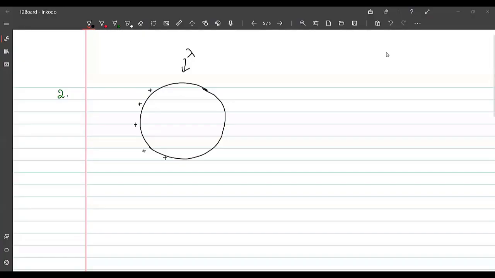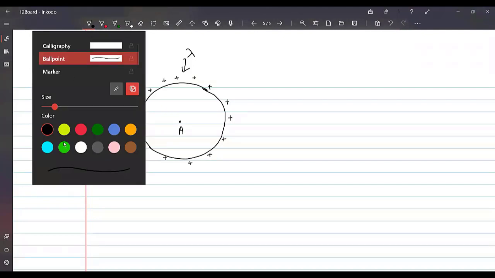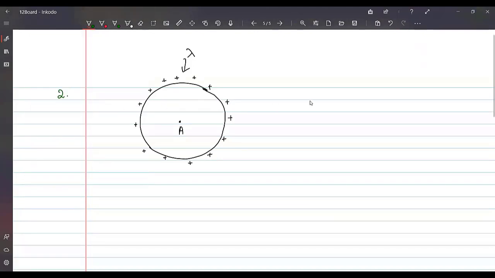So I have a positively charged ring here. Charge per unit length is lambda. I want to find the electric field at a point which is located at the center. When I take this problem, what I can simply do is again the same concept.